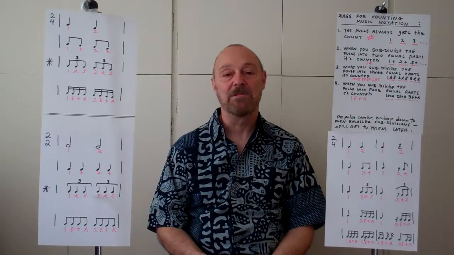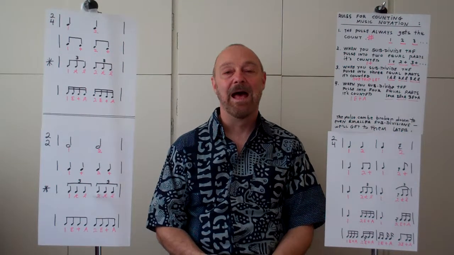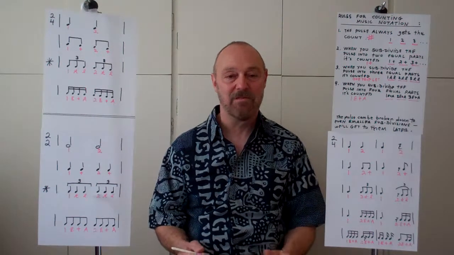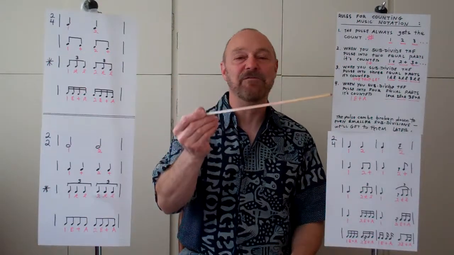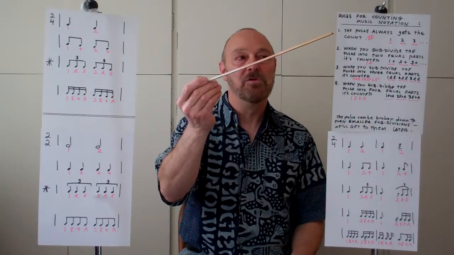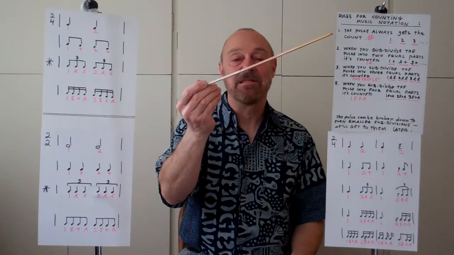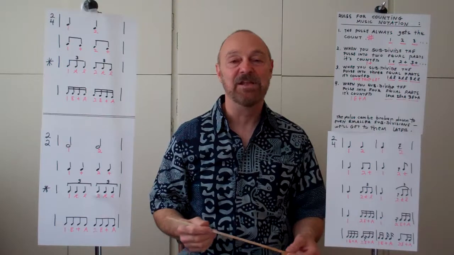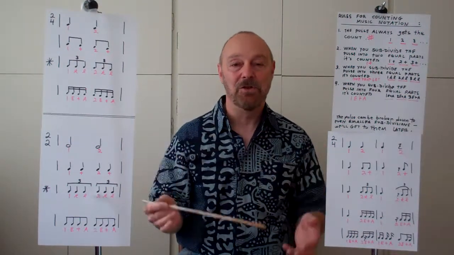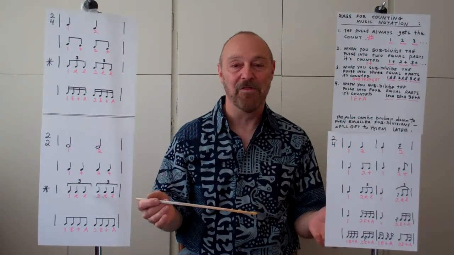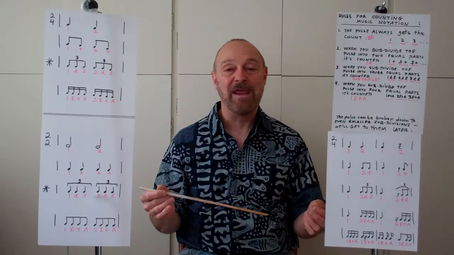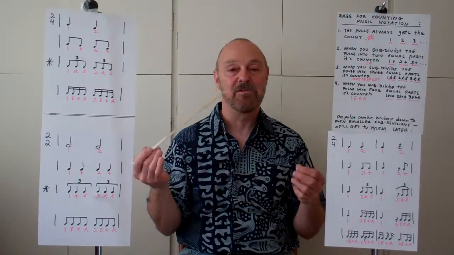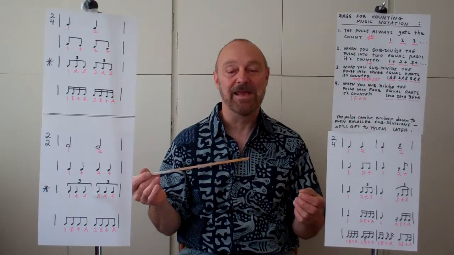So in order to do this, we have to learn how to count the subdivisions, and that's what this page is about. It's the 4 main rules of counting. First rule, the pulse always gets the count, and what I mean by that is the number 1, 2, 3, and so forth. So if I'm in a time signature of 3/16, it means that there are 3 sixteenth notes in each bar.